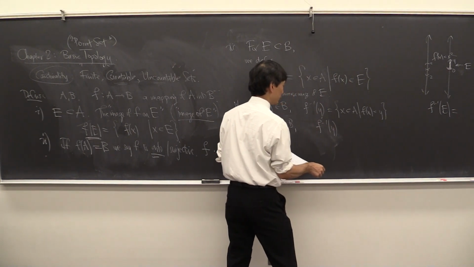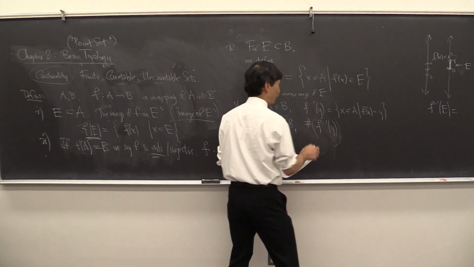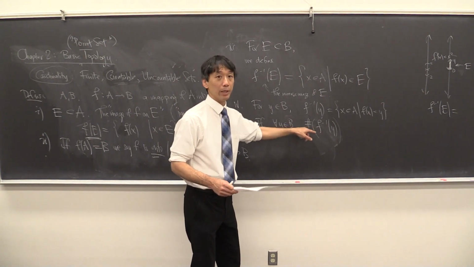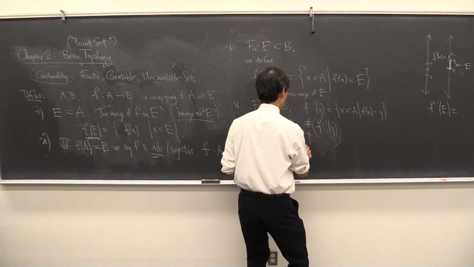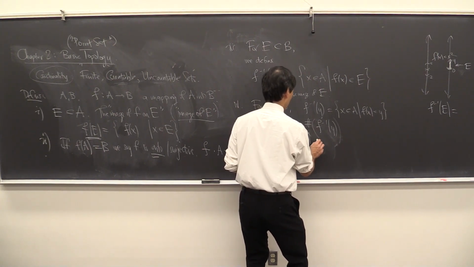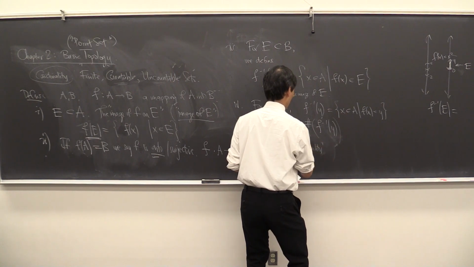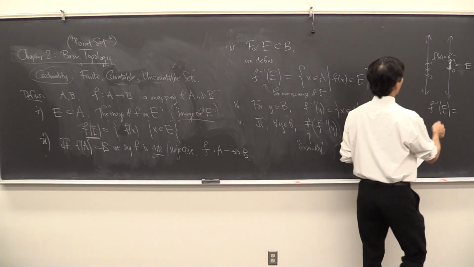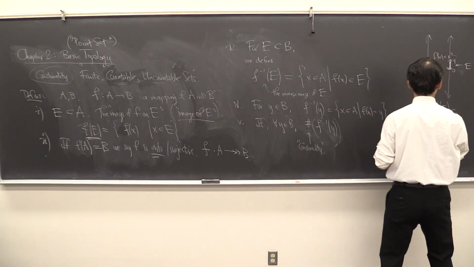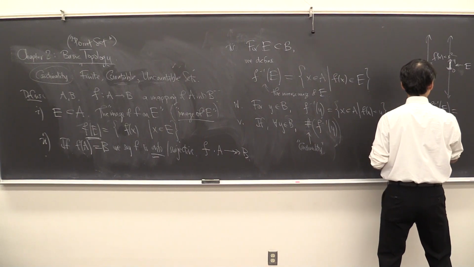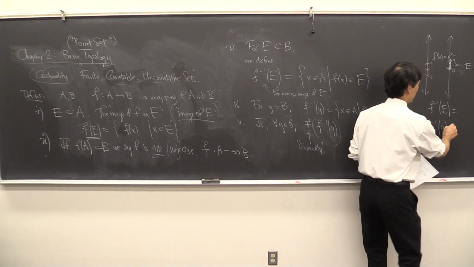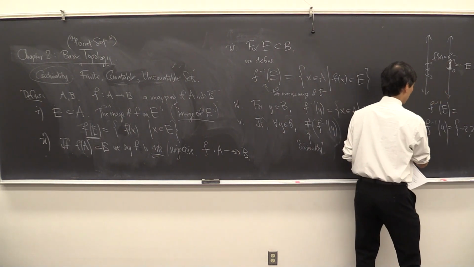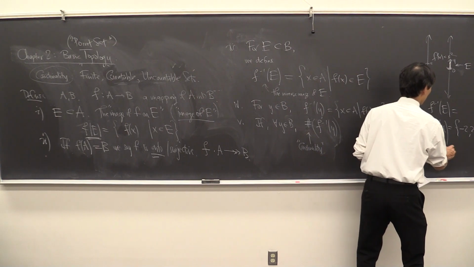Now, for all y in B, we look at the inverse and look at how many points are in it. This mark means the number of points in it, and this is actually called cardinality. So for example, if I take 4 and look at f inverse 4 here, that's going to be -2 and 2, and the cardinality of that is 2.